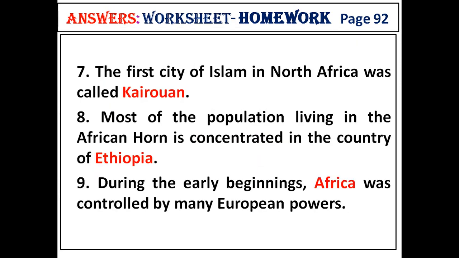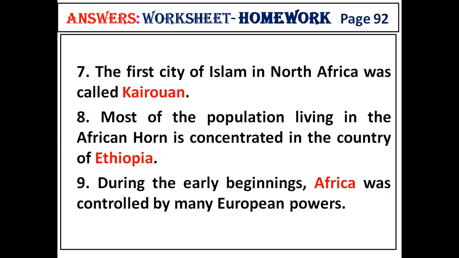The next is about the first city of Islam. We have seen this in the African Horn, where we were talking about the first city of Islam. The first city of Islam in North Africa was called Cairo. The next is: most of the population living in the African Horn is concentrated in the country of Ethiopia.